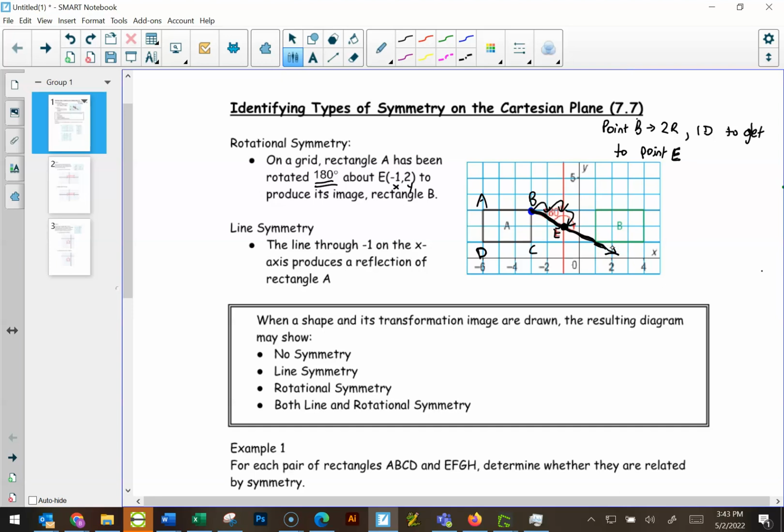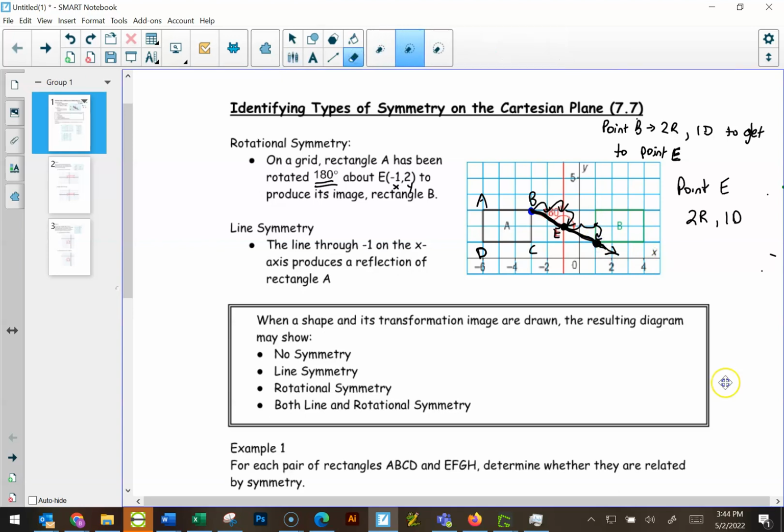But where exactly does that point end up on the new rectangle? Well, you can see the green rectangle. They've already drawn it in for us. But you'll notice that if we do the exact same thing again, if I go from point E, and I use the exact same process, and I go 2 right and 1 down, I get to the correct spot. So if I go 2 right, that's 1, 2 gets me there, and then 1 down gets me to there.